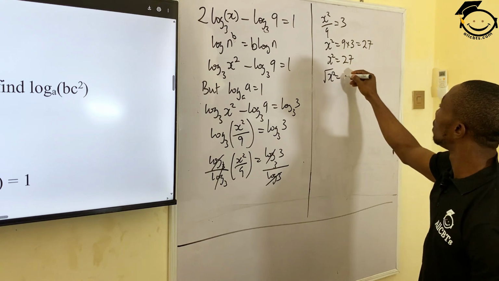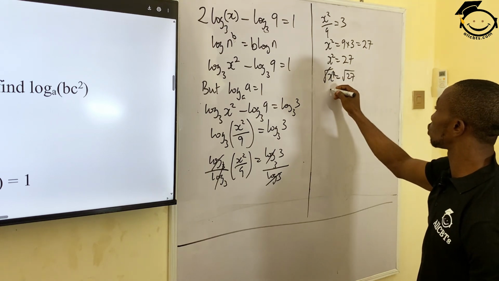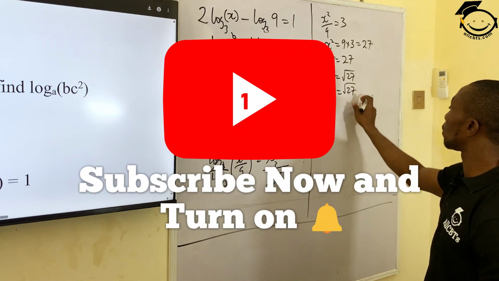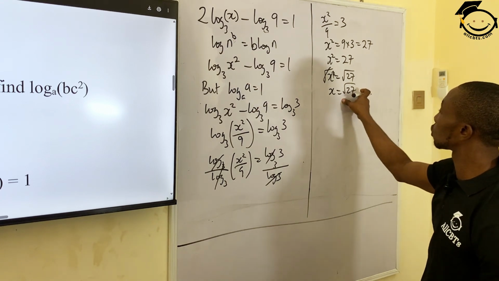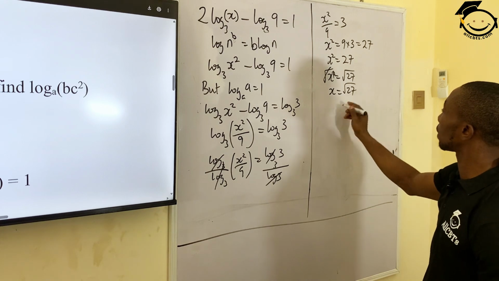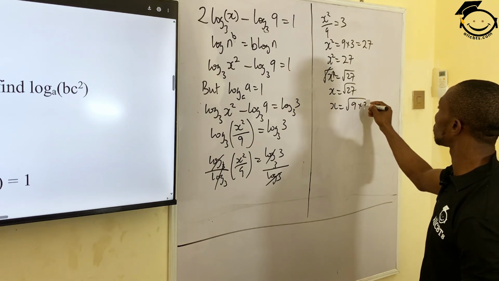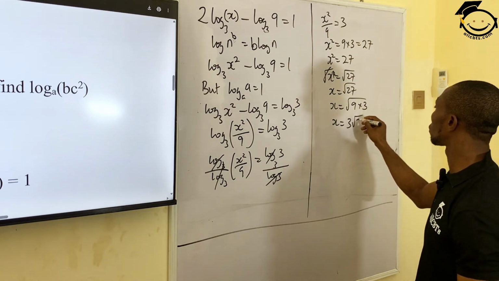The square root cancels the square, bringing us to x equals root 27. Now we can break this down by applying our surd rule. Root 27 becomes root of 9 times 3, which gives x equals 3 root 3.